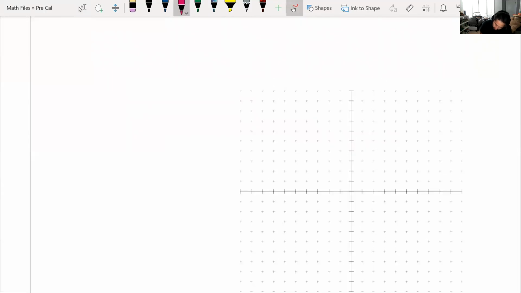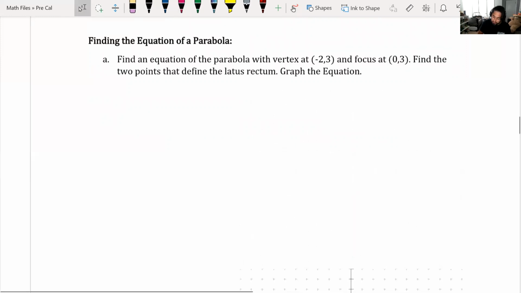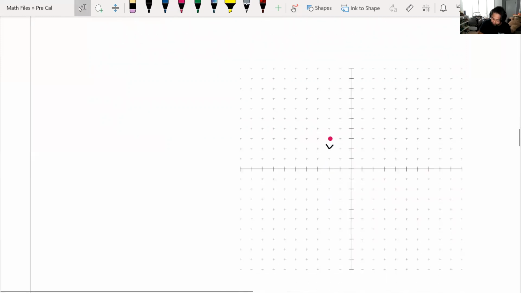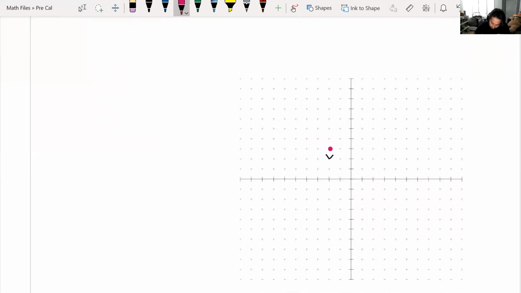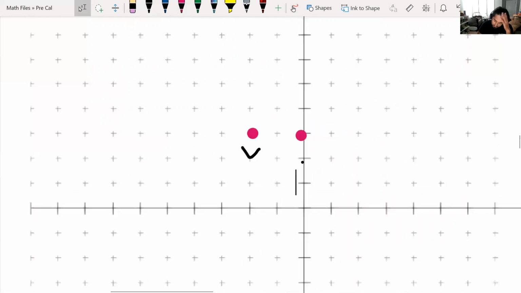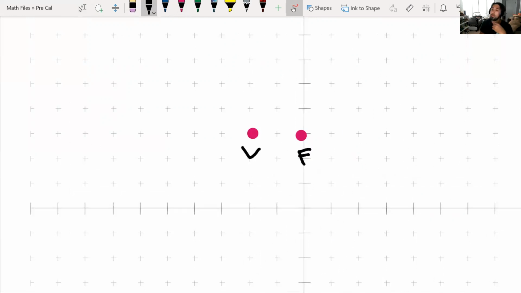And then 0, 3, right? 0, 3 is my focus. I'll zoom in more. There we go. There's my focus.